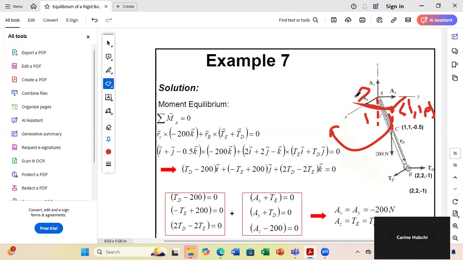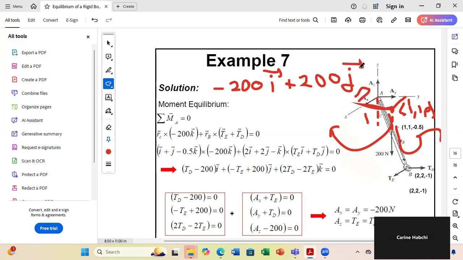So the moment of weight about x is minus 200 times 1 along i. Now, what about y-axis? Try with your hand. You will find that your thumb will point in positive y. So it's plus 200j, and no component along k. This is if you want to use the right-hand rule.